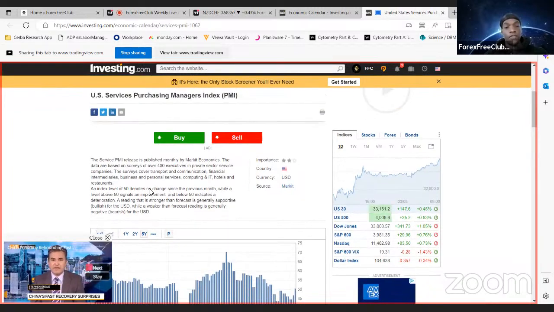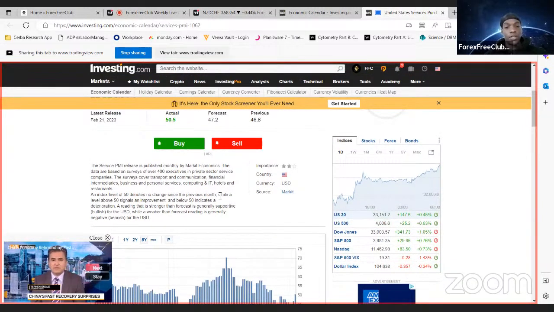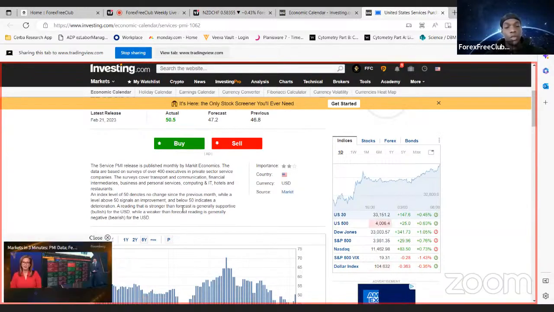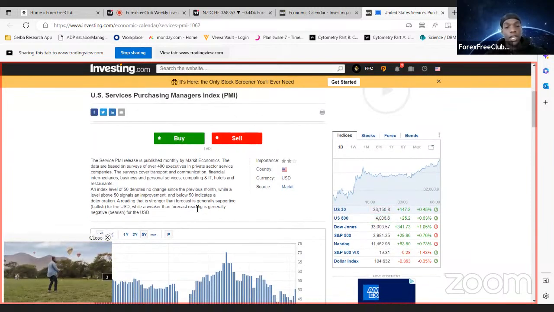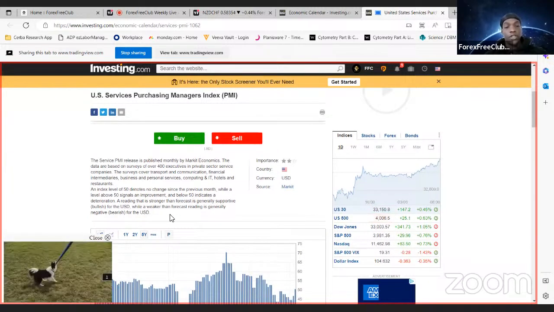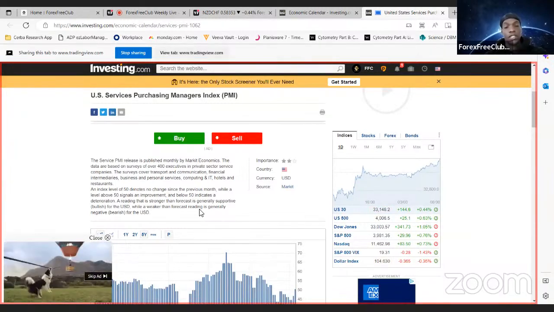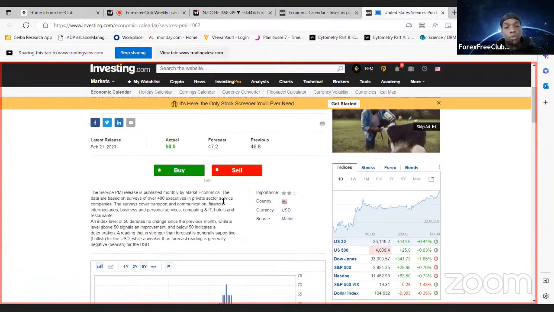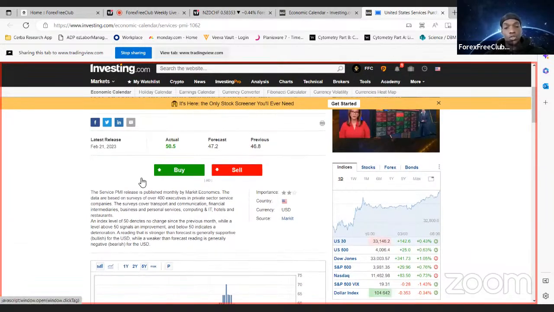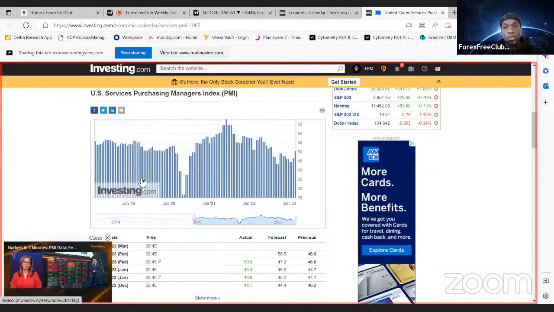An index level of 50 denotes no change since the previous month, while a level above 50 signals an improvement and below 50 indicates a deterioration. A reading that is stronger than forecast is generally supportive for the USD, while a weaker than forecast reading is generally negative for the USD. So before we were below, so now we're above 50. So it's saying that it's stronger for the USD. So we'll keep that in mind.